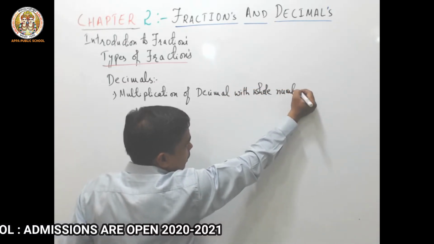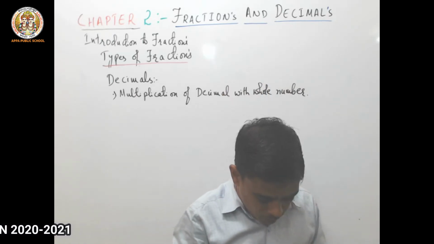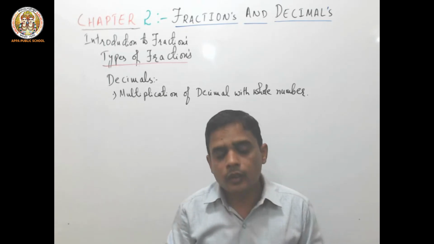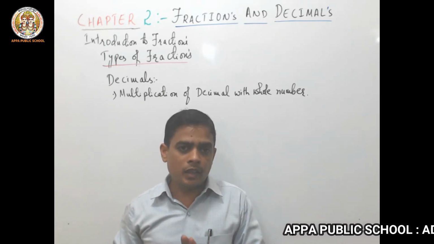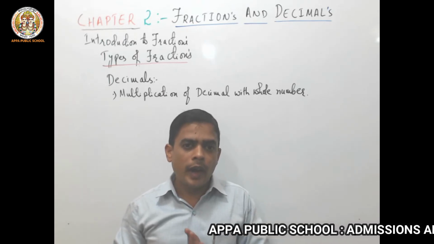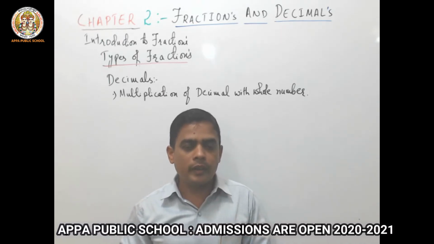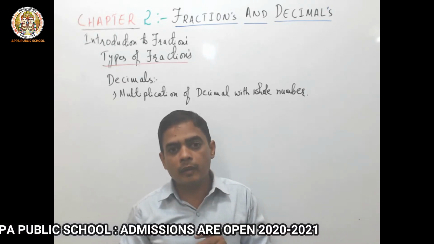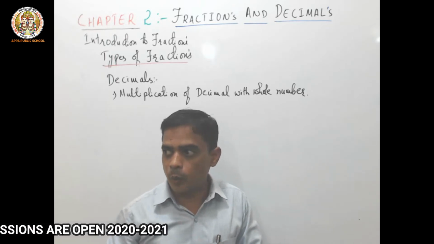Multiplication of a decimal with whole number. See here, once again I will say you what do we mean by a decimal point or a decimal part. Okay, a decimal number is one which is having an integer part or a whole number part, and which contains the fractional part, and the whole part and the fractional part are separated by decimal point. Okay.